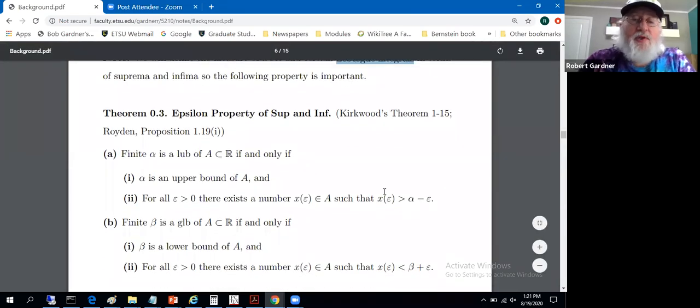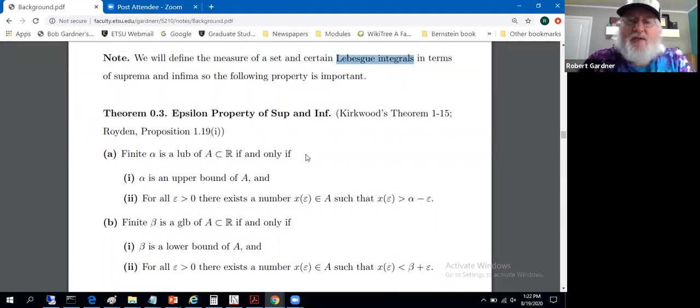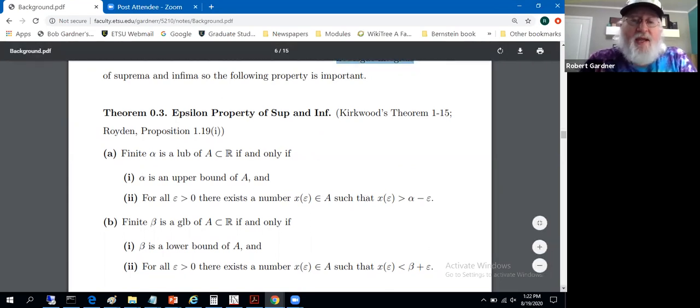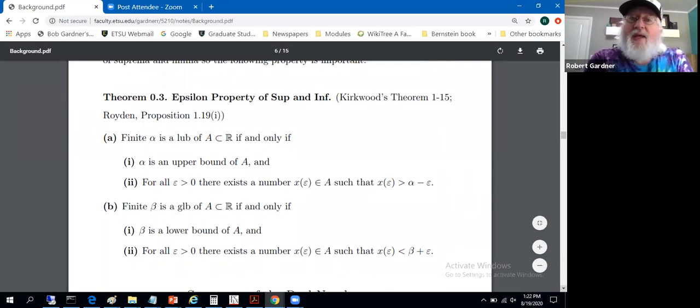I have labeled this the epsilon property of sup and inf, least upper bounds and greatest lower bounds. It comes out of Kirkwood's book, as mentioned. It's in Royden's book. I guess I didn't quite find this in Ross's book. This is important because we need this stuff when we take our definitions and establish things using epsilons and deltas. Well, epsilons in this case for the integrals.